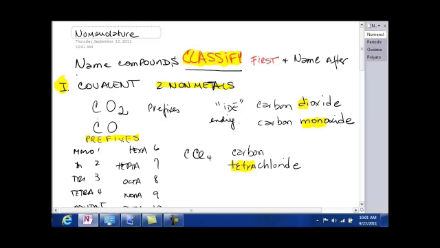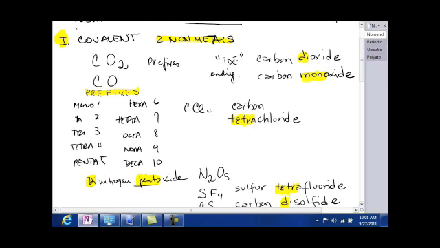So we're using Greek prefixes, and the di means two. Very good. And then the stem of the second nonmetal, so we didn't say oxygen, we just said ox, and then the ending is IDE. So we're dissecting what we did for CO2, and then we use the exact same set of rules for CO. So what would be the name for CO? Carbon monoxide. Very well.